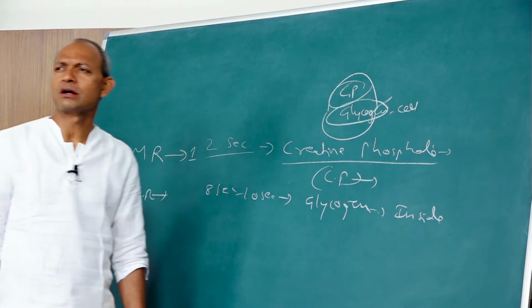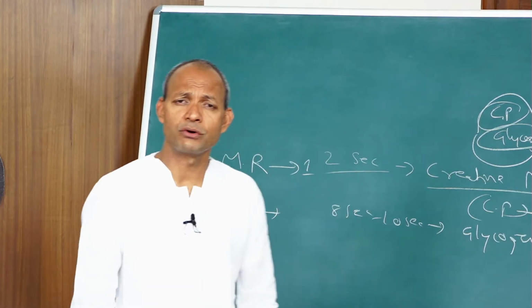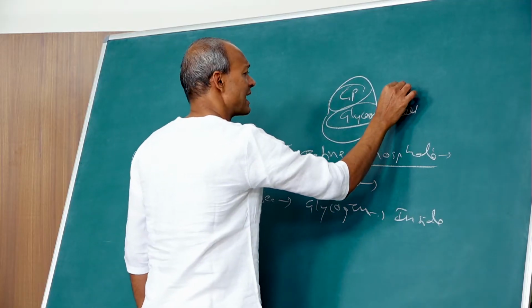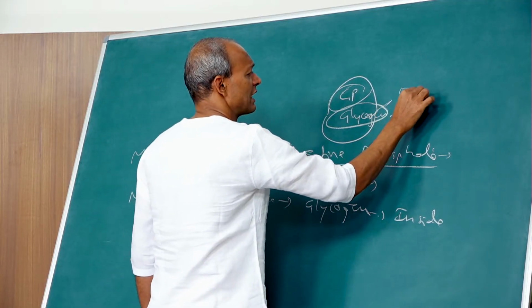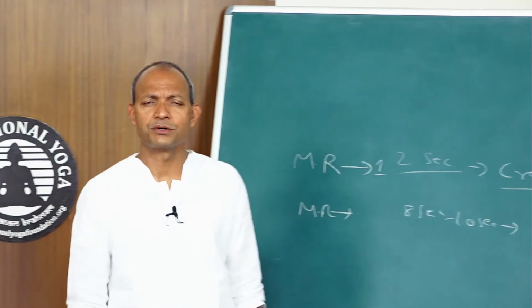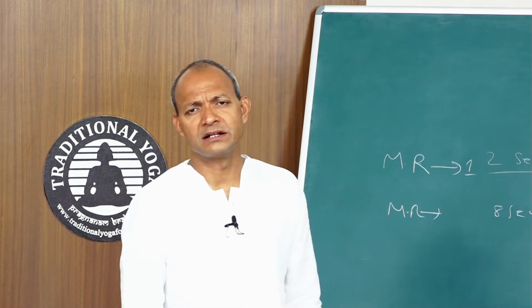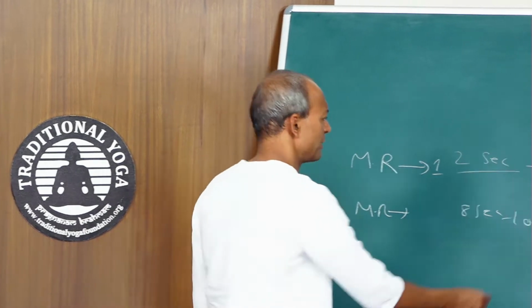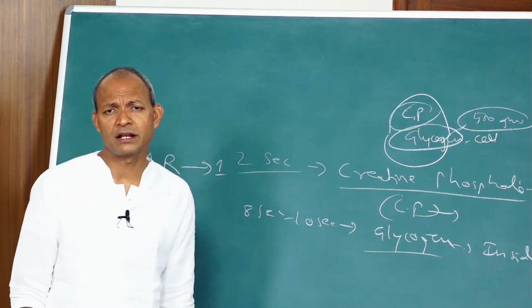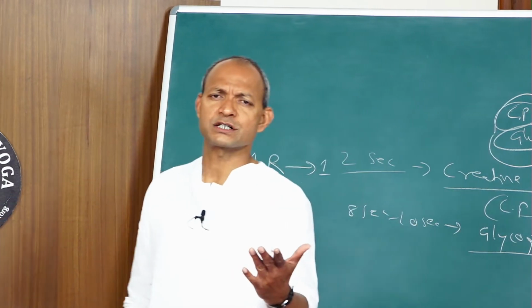Of course, glycogen also has a limitation. As I told you, the entire body can only store a maximum of 400 or 500 grams of glycogen, not more than that. Any fight or flight mechanism releases CP and then glycogen. Glycogen means 13,000 glucose molecules for him to run at that speed.